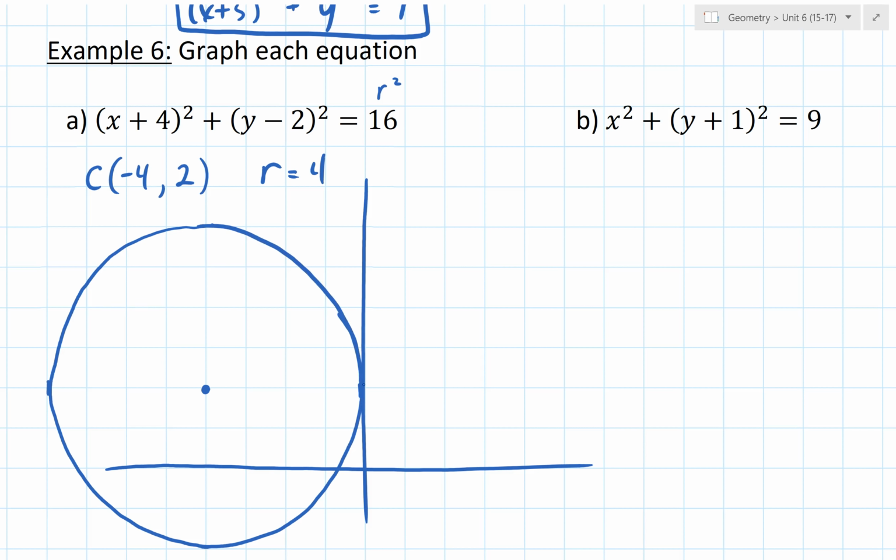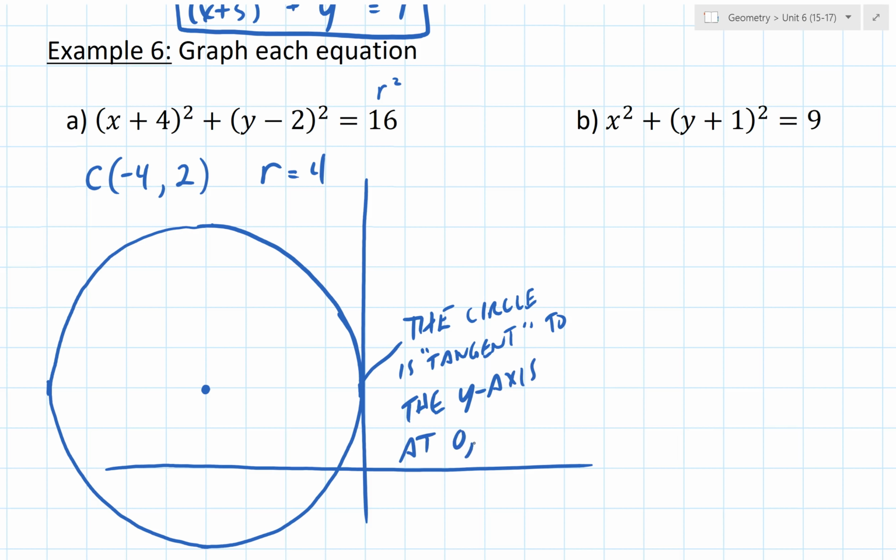Since it just touches the y-axis, we say that the circle is tangent to the y-axis. Tangent means it just touches it without crossing it. So the circle is tangent to the y-axis at (0, 2). That's the point where it just touches.